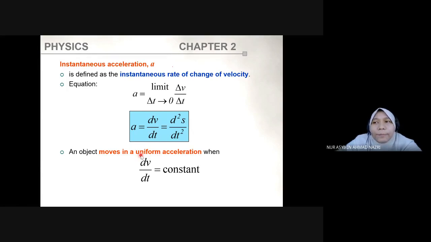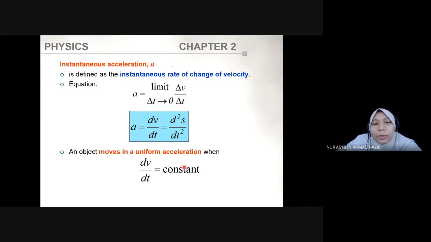But when we have a starting point 0, dia dari stop and then dia accelerate to another point sampailah dia 25 meter per second squared, that one we need to find the average velocity. Okay, so kalau instantaneous acceleration, yes, we consider a change of time.